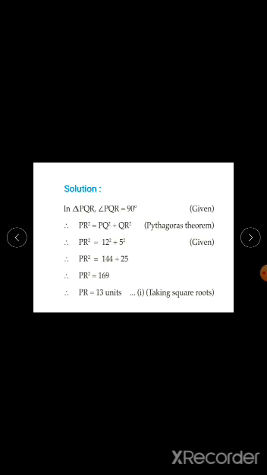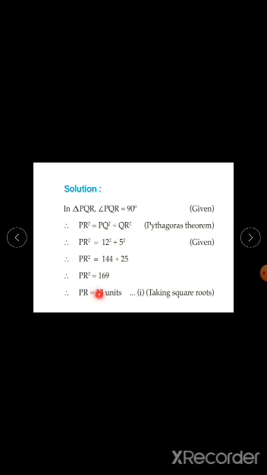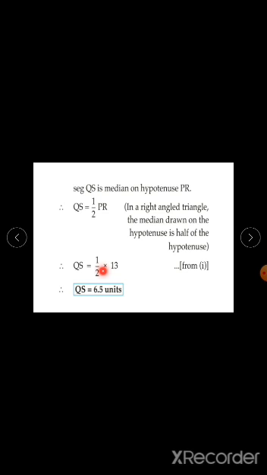Therefore, QS equals half into 13, substituting PR as 13 from equation 1. Half of 13 is 6.5. Therefore, length QS is equal to 6.5 units.